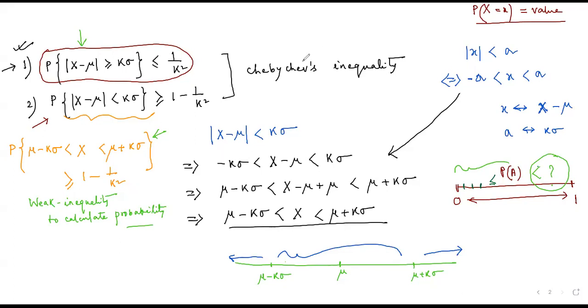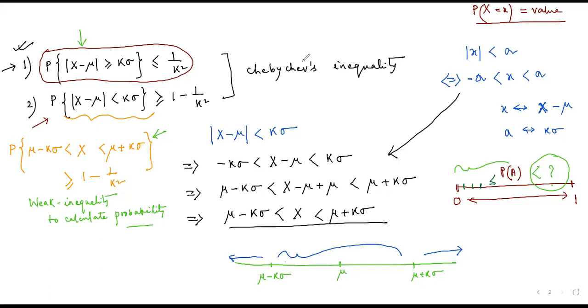Yes, mu minus k sigma is a number. It can be greater than 0 or equal to 0. It doesn't matter. It is a number, and we do not have any problem whether it is positive, negative or 0.